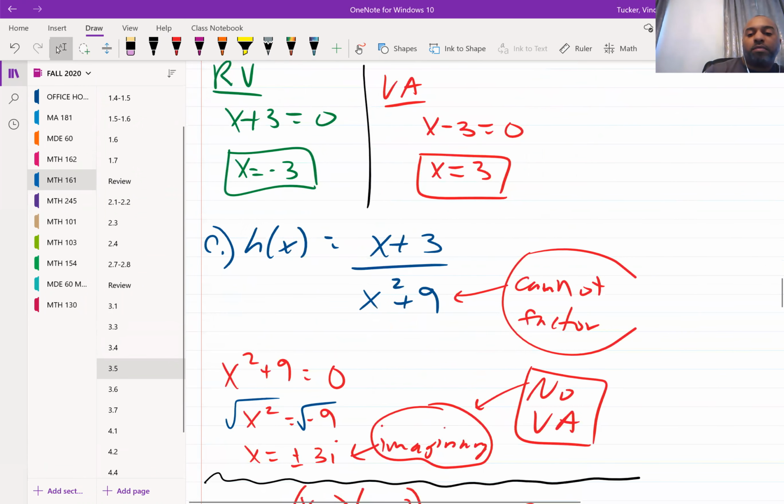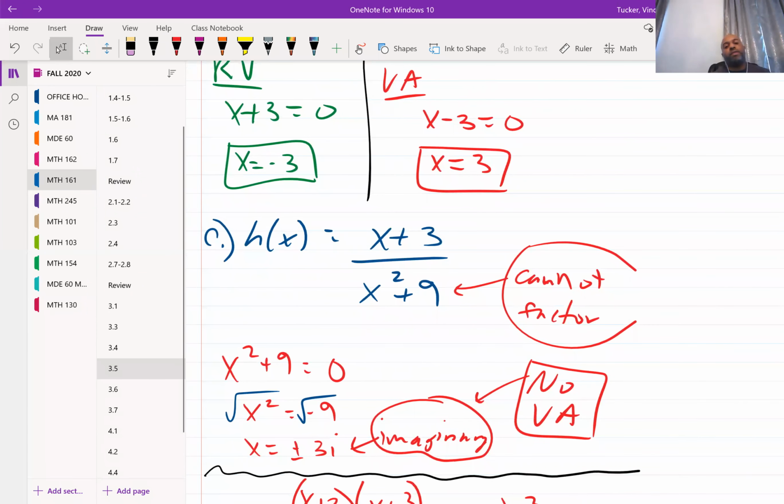All right. So the next one, h of x is equal to x plus 3 over x squared plus 9. So we cannot factor x squared plus 9. So if you decide to solve, I'll go ahead and set it equal to 0. Notice we get imaginary values.